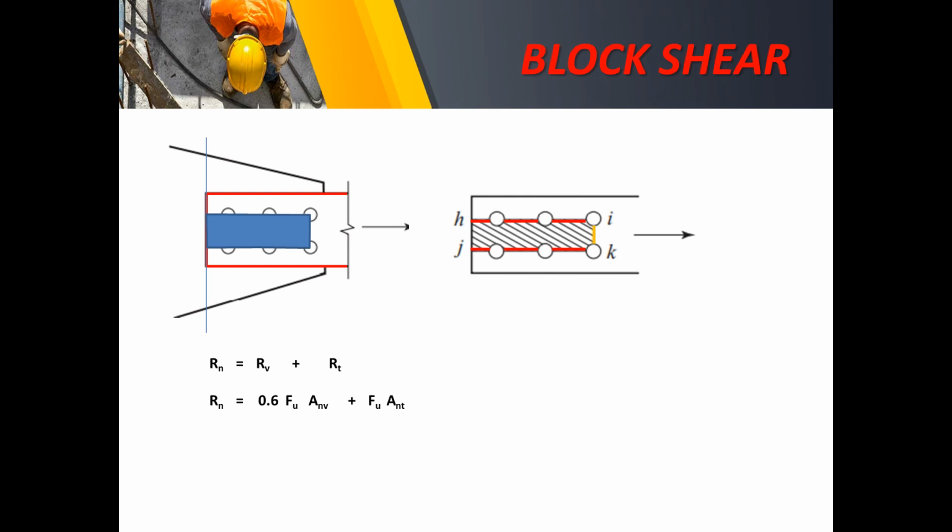And again, I would like to repeat that the net area due to tension is the area perpendicular to that of the axial load. So this expression is applied for uniform configuration. When we say uniform configuration, there is no staggered connection.